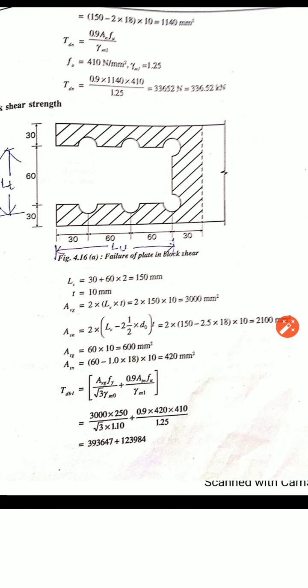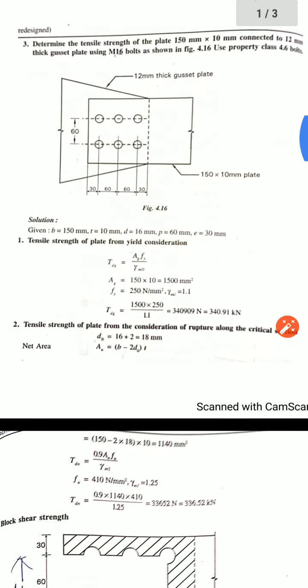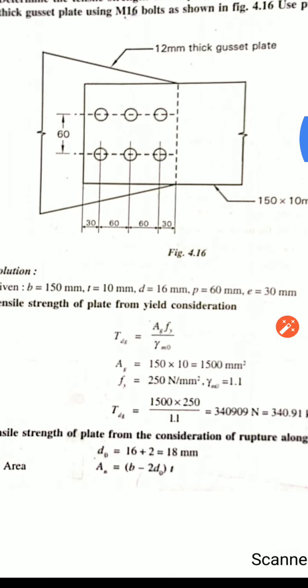When a plate section undergoes failure by block shear, the bolts get cut and the section comes out. Here one bolt gets cut, second bolt, and at the edges, always remember, half a bolt gets cut. So the block shear diagram for this portion is here.